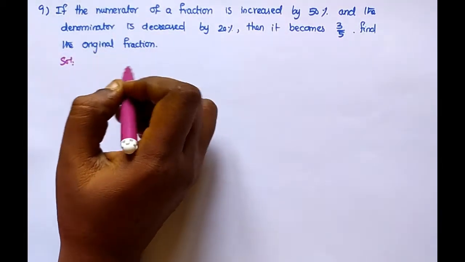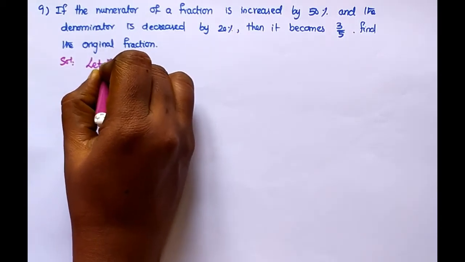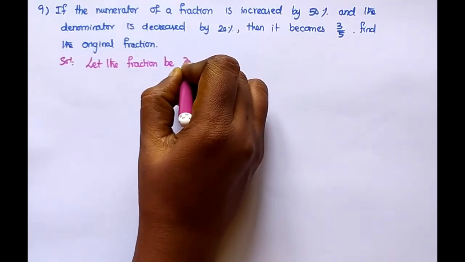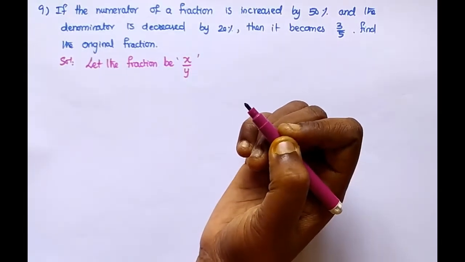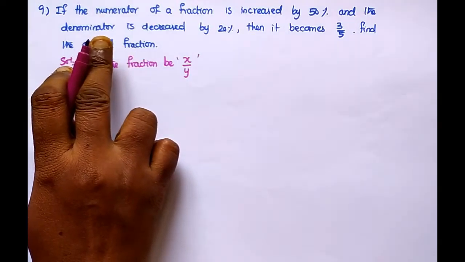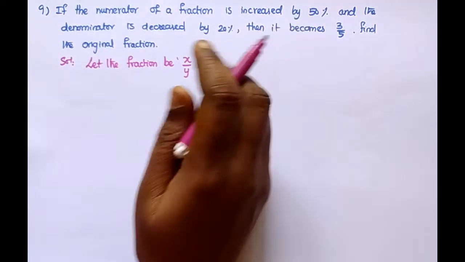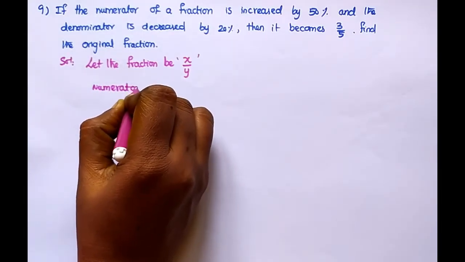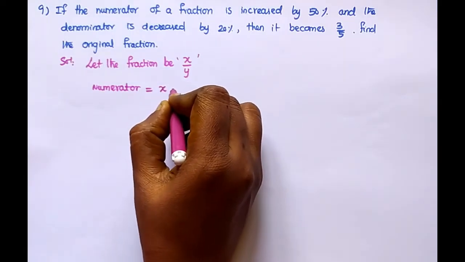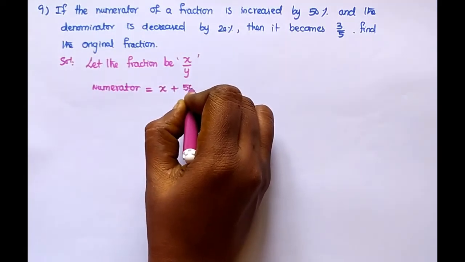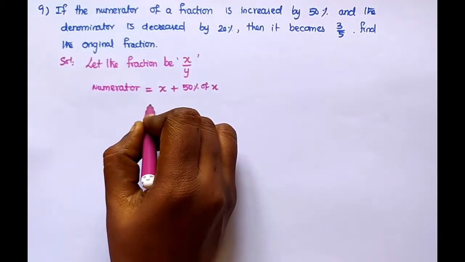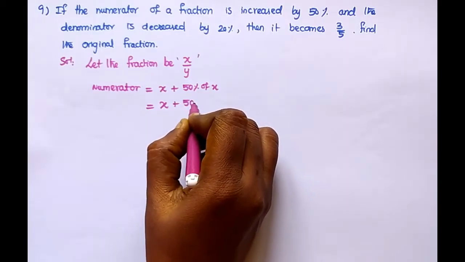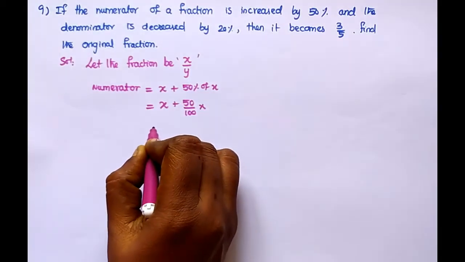Listen, we don't know the fraction, no? So let the fraction be x by y. Now listen, the numerator is increased by 50%. Numerator is x, that is increased by 50% of x. So x plus 50 by 100 x.